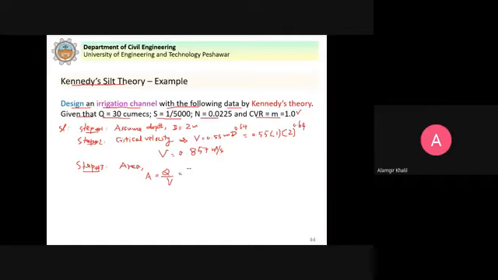The discharge is 30, and the velocity is 0.857. So the area comes out to be 35 square meter.